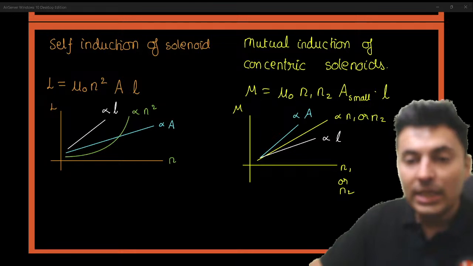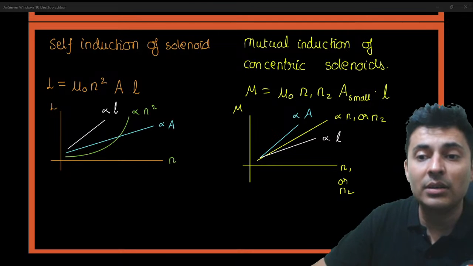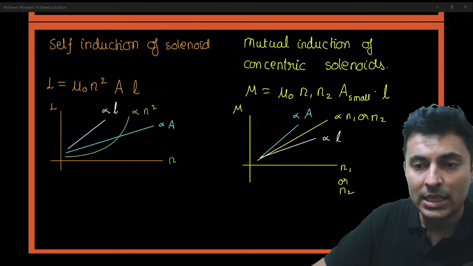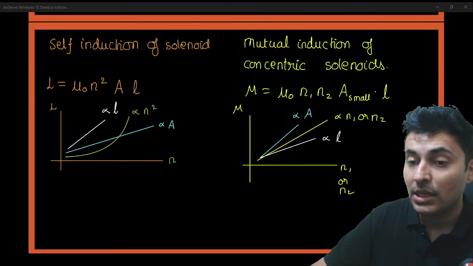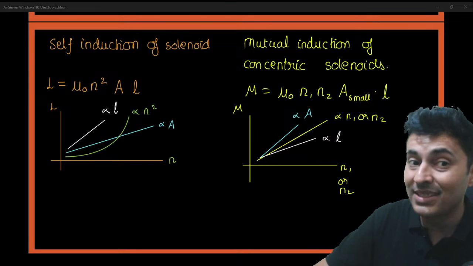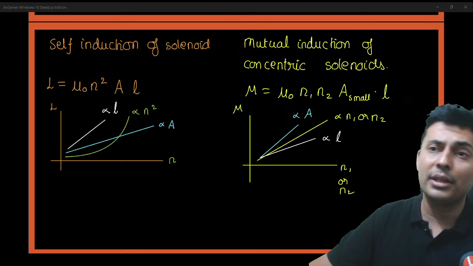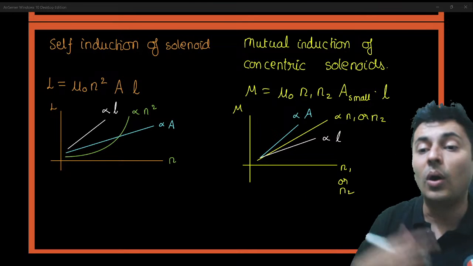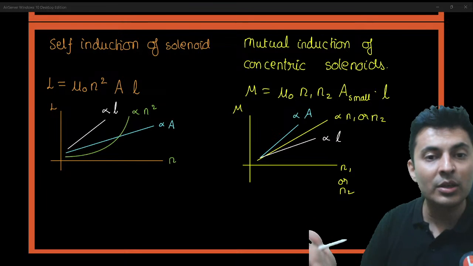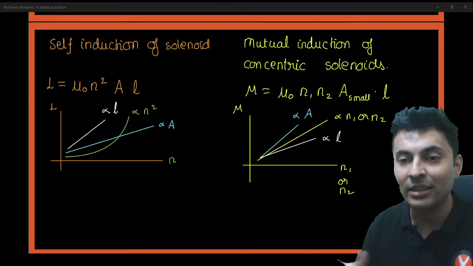Yes. Perfect. Small n is number of turns per unit length. Again, you will have to see in the problem whether the length is kept constant, or the total turns is kept constant, or different solenoids are being used with different turns per unit length.